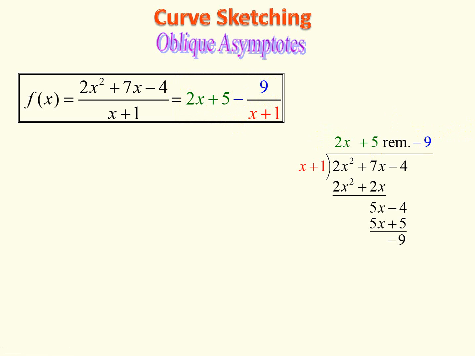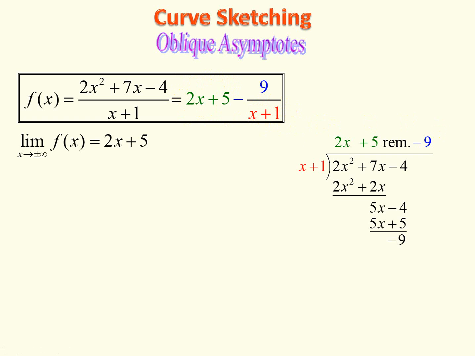Now we have a vertical asymptote. Have a look there. You can't have x equal to negative 1, so x equals negative 1 is an asymptote. And then that separate one is an asymptote on its own, an oblique asymptote.